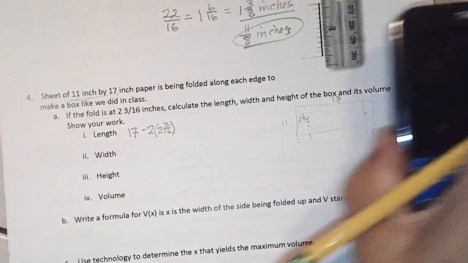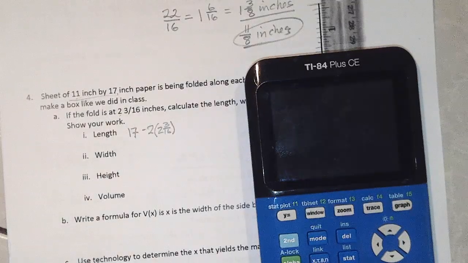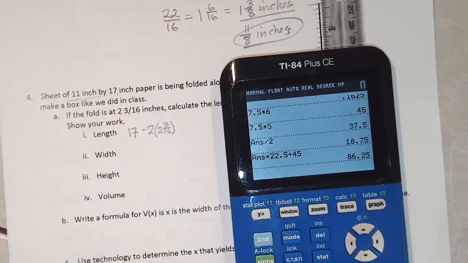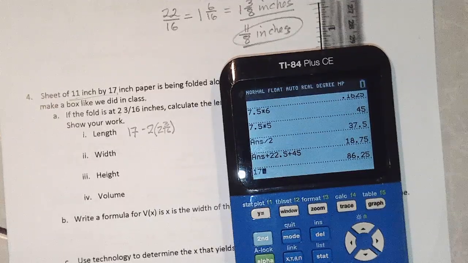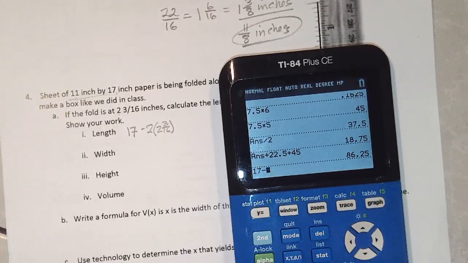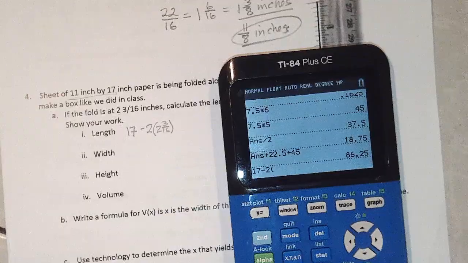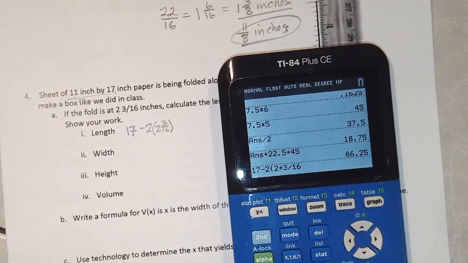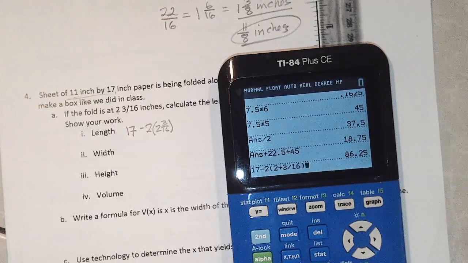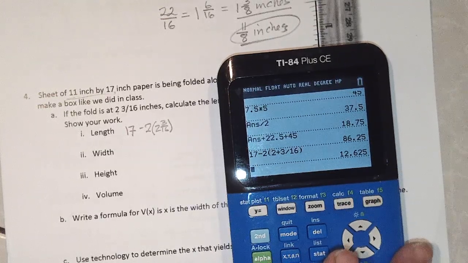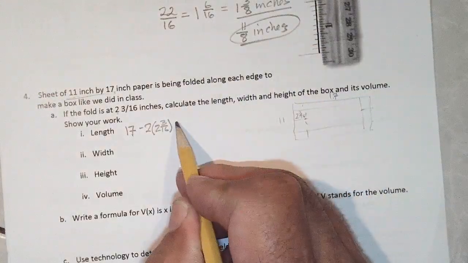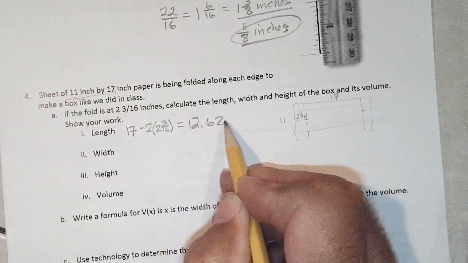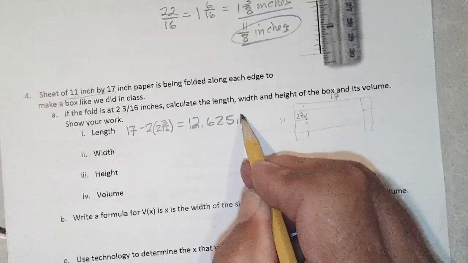If you know how to do your fractions well, you can, or you can switch to your calculator and go 17 minus 2 parentheses 2 plus 3 divided by 16 close parenthesis. And we get 12.625 units.